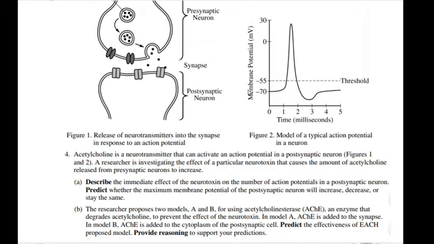So as we look here, releasing the neurotransmitter causes, over a short period of time, the voltage on this membrane to spike and then go back down. So what we're going to be looking at here is what happens with this neurotoxin that increases the amount of acetylcholine on the action potential.